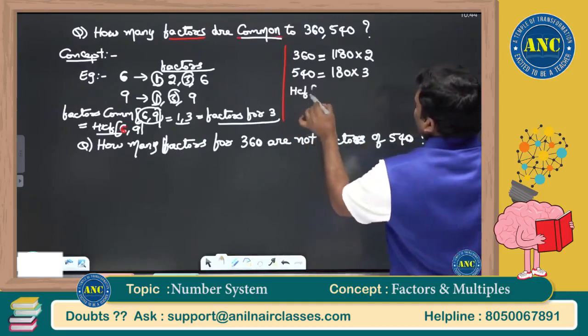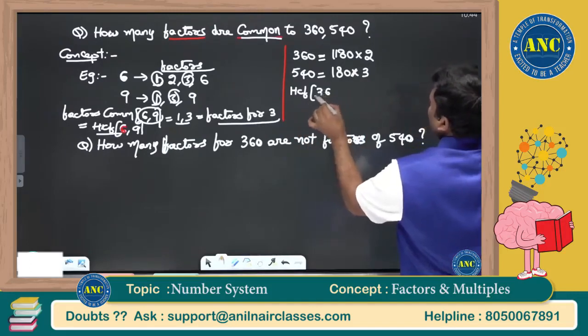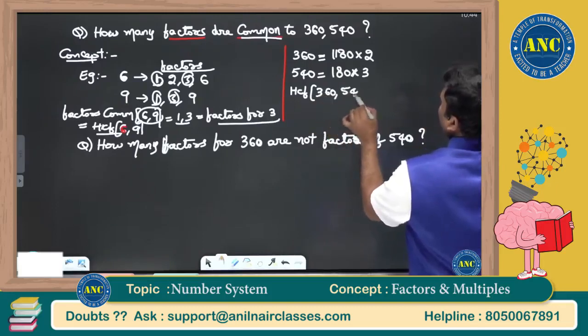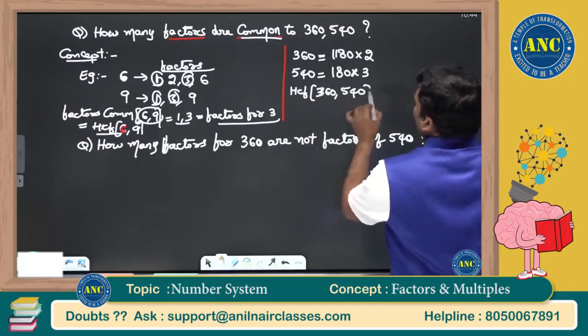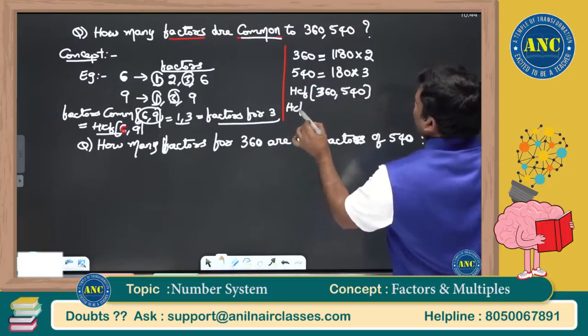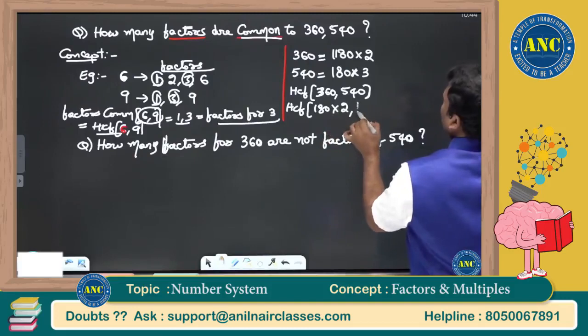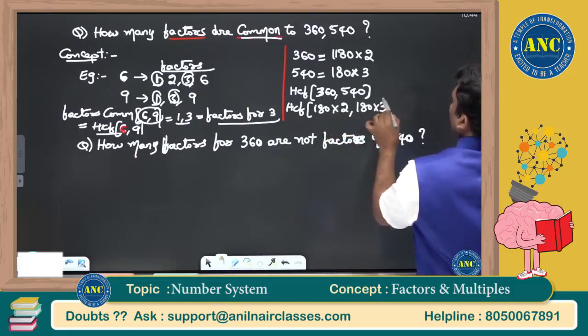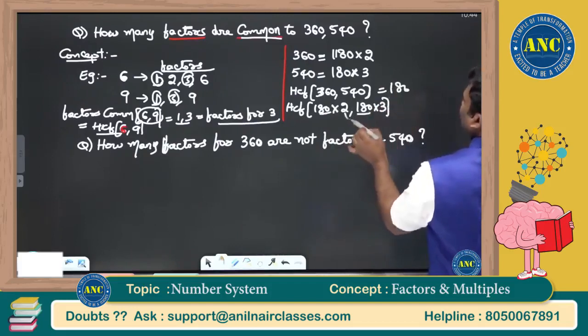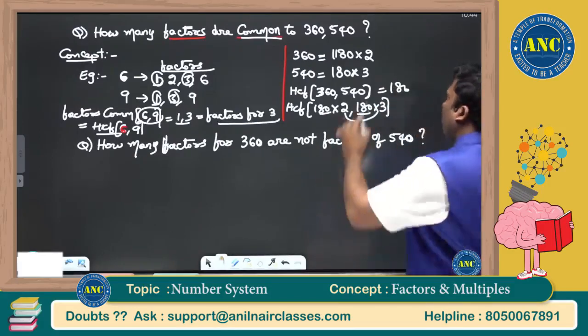HCF of 360, 540. What is the factor common to both 360 and 540? The highest is 180: 180 into 2, 180 into 3. 180 is common, take it out. 2 and 3 are coprimes.